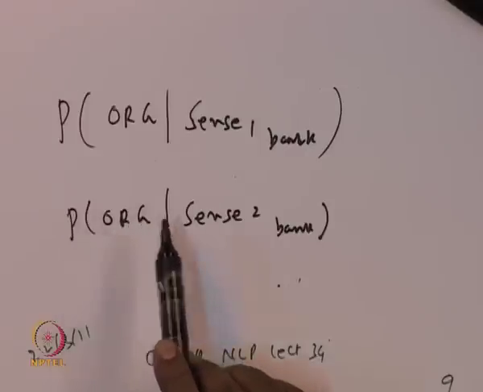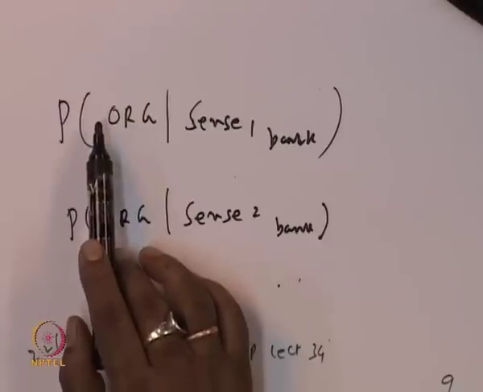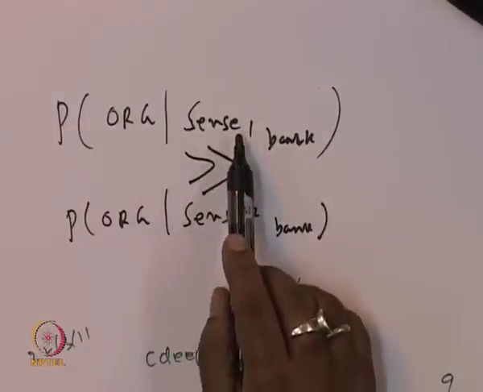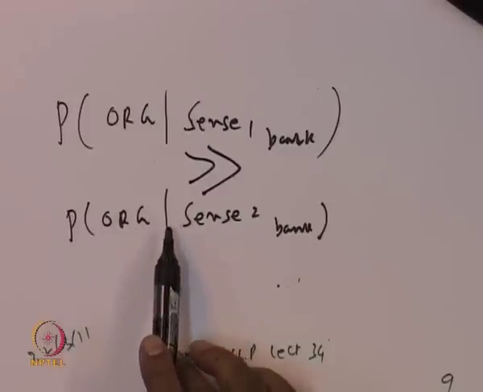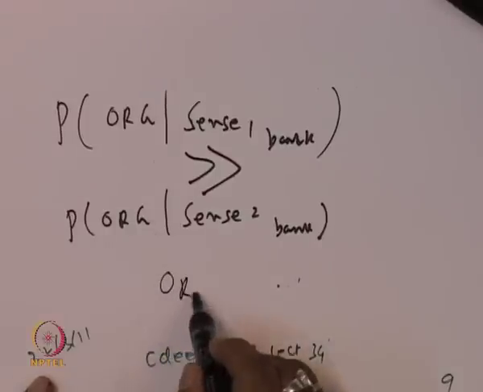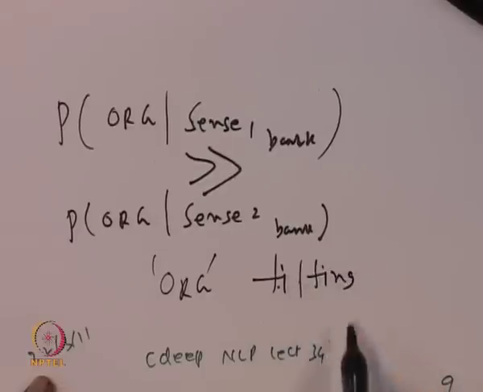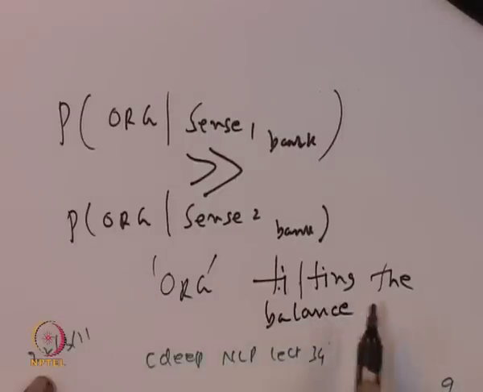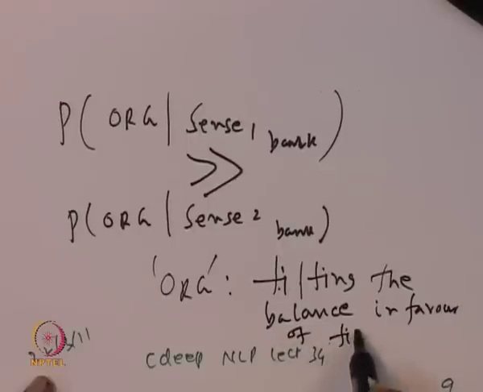Clearly, the first sense of bank, which is financial, will have a much higher probability here. So, we can really write that this probability will be much more than the probability of sense 2 of bank being organization. So, ORG indeed will be a tilting of the balance. ORG will surely have the influence of tilting the balance in favor of finance.